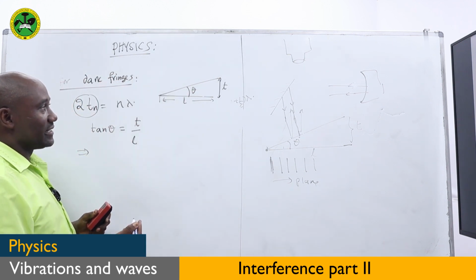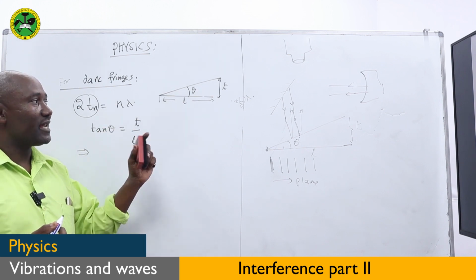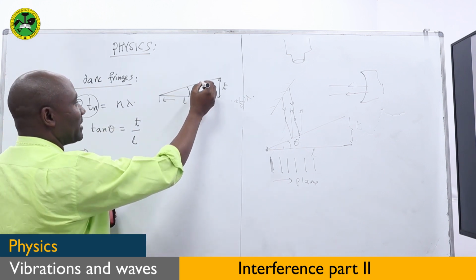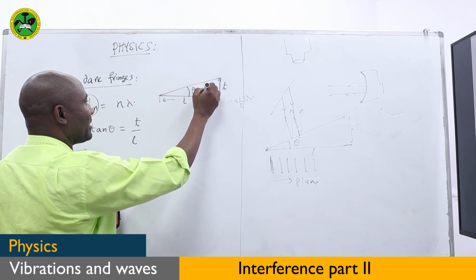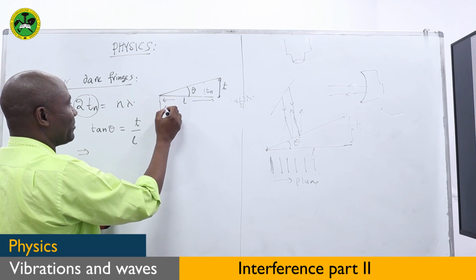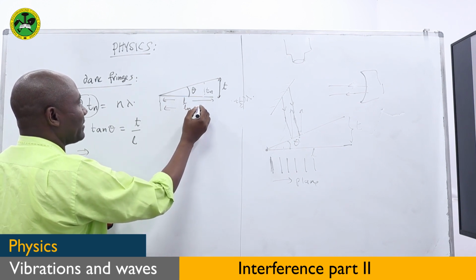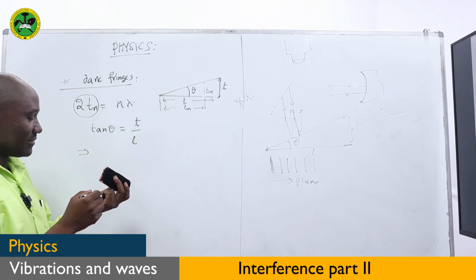But our discussion here, we're going to see how do we find the position of the fringes, maybe dark and bright. Let's assume that this is the position where you have the nth bright, that is the Tn there, and this is our Ln. What is Ln means?